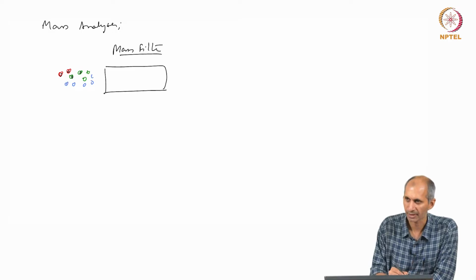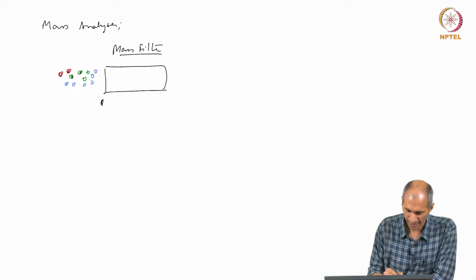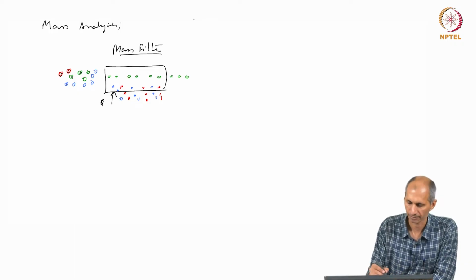These are all going in. For a particular setting of the mass filter, all the blues come out, all the reds come out, and only the greens go through to the detector.